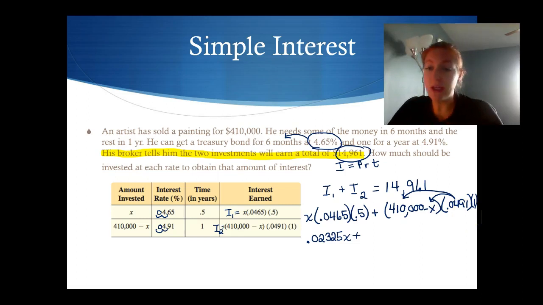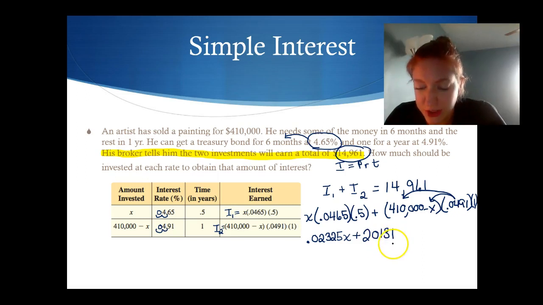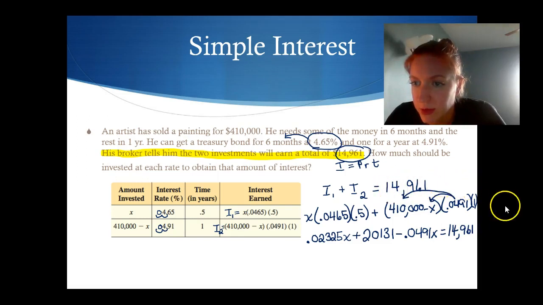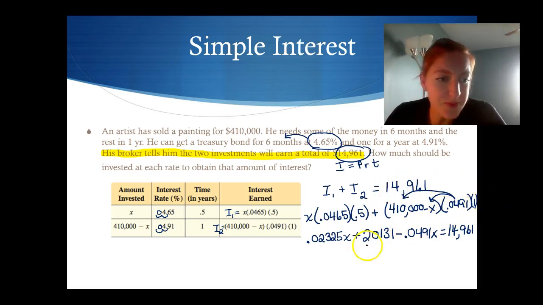I messed up earlier because I forgot a 0. It's super easy to do, so please do not do that because it creates more work for you. Nobody wants more work, right? Okay, so now we have the right answer, 20,131. That looks much better. And then minus 0.0491x equals 14,961. Okay, because that was what was equal that we talked about earlier.